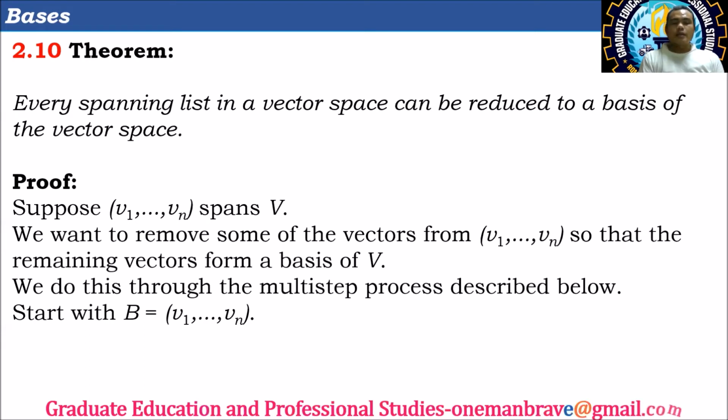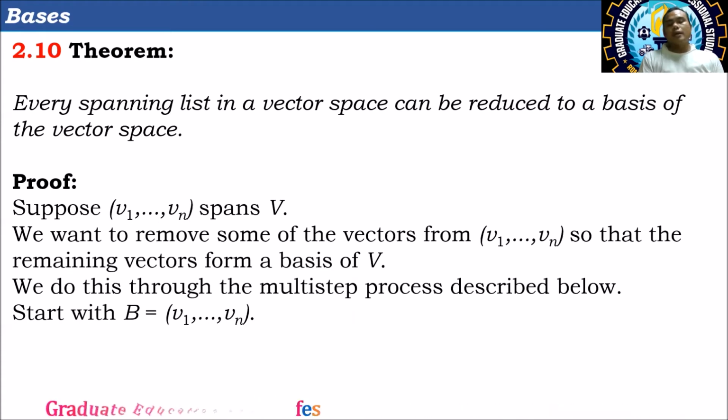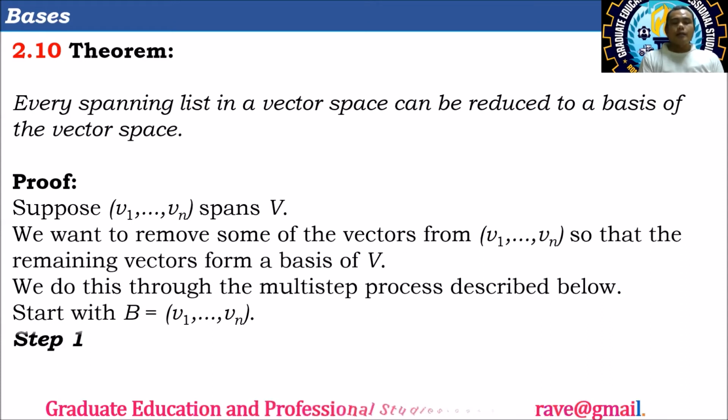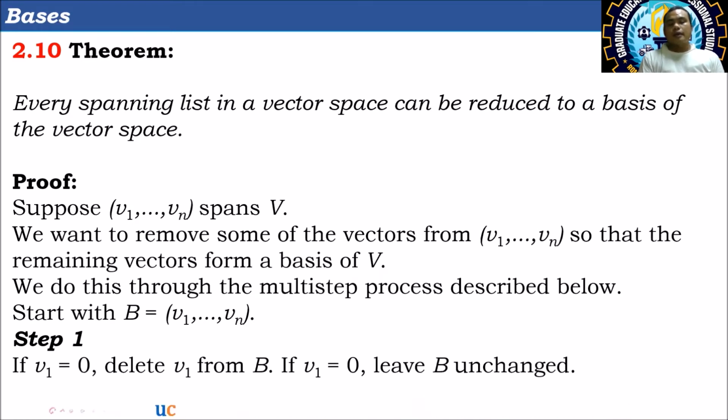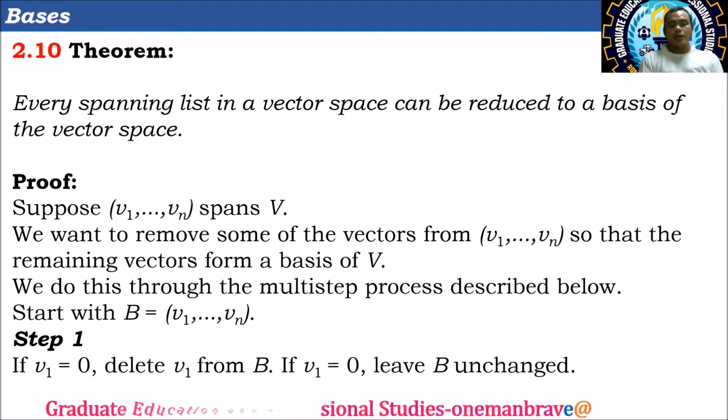So let's see, we are still using step 1, step j, up to step n. Start with B equal to this list. In step 1, if v1 is equal to 0, delete v1 from B. If v1 is not equal to 0, leave B unchanged.